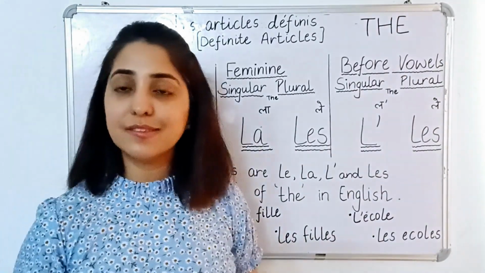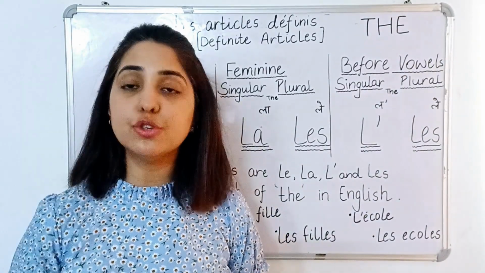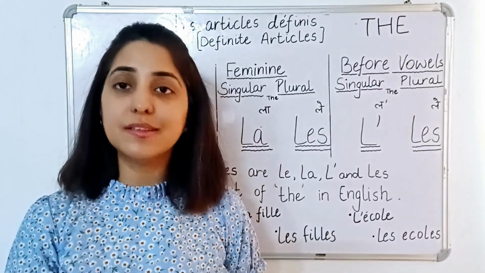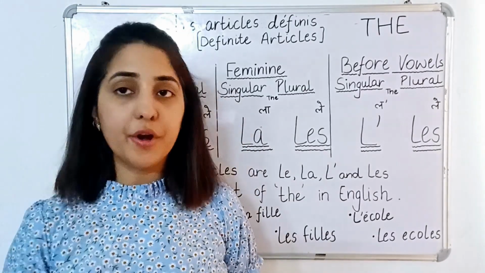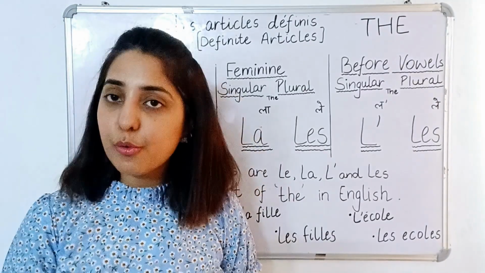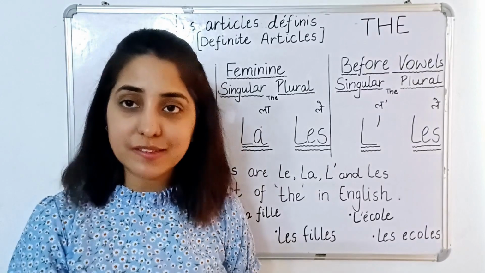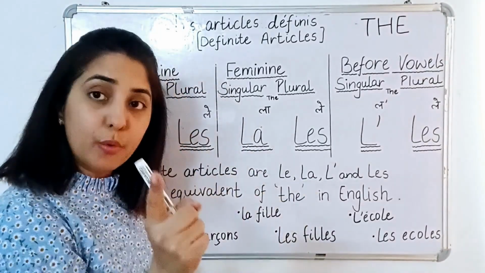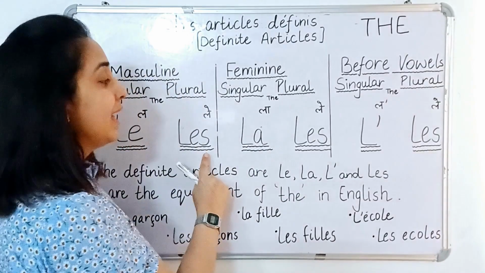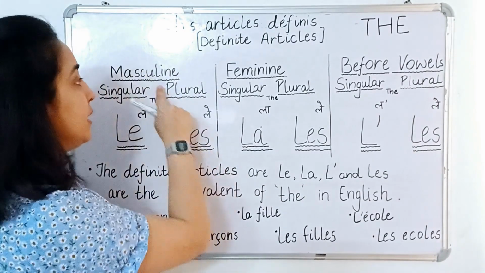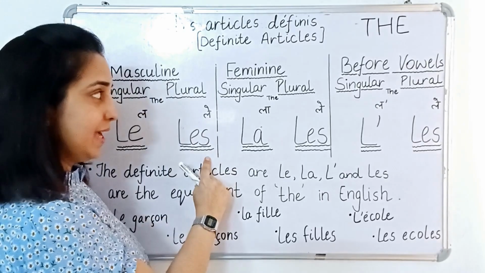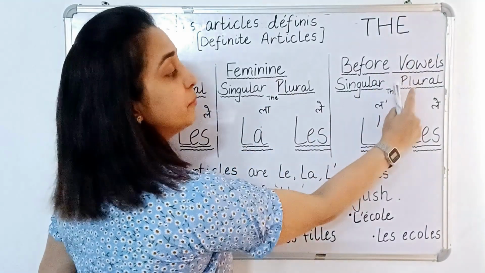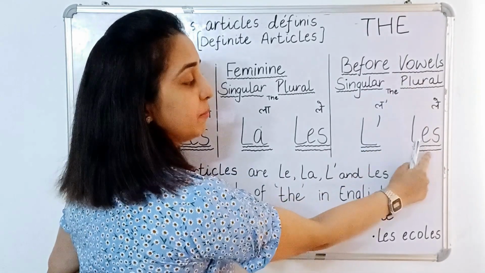The first thing that we need to do is check whether the noun is plural or not. If it is plural, whether it is masculine or feminine, then we need to use les. Masculine plural les, feminine plural les, before vowels but ending as a plural, les.